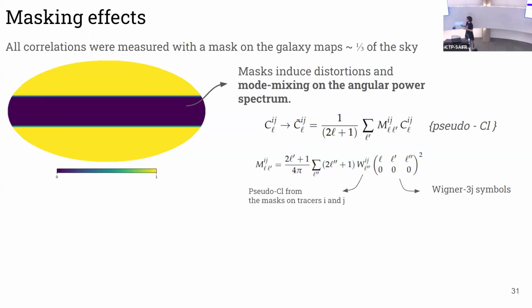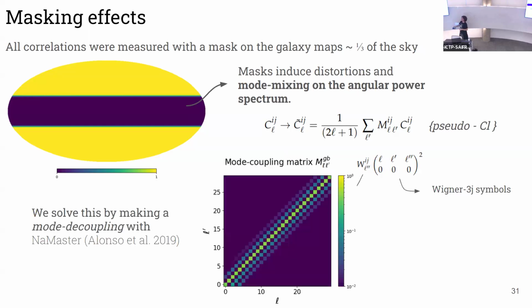So the ideal thing is to invert this relation to obtain the real signal. And there is some software, luckily, that does this. It computes this mode mixing matrix and inverts it to obtain the real correlation function.